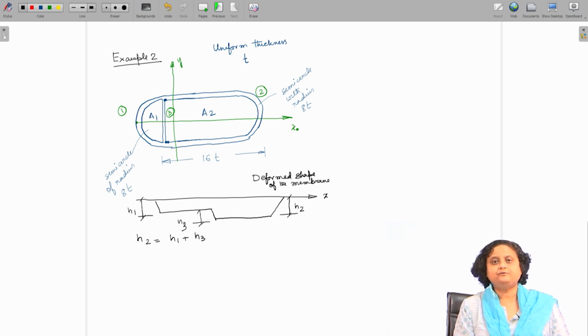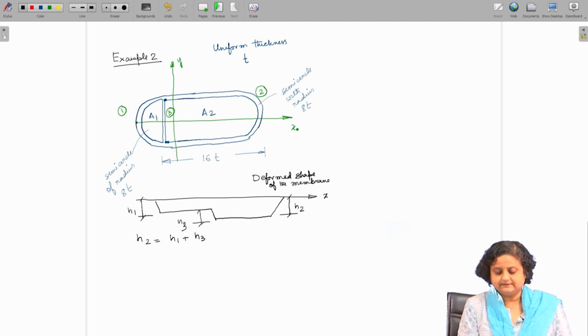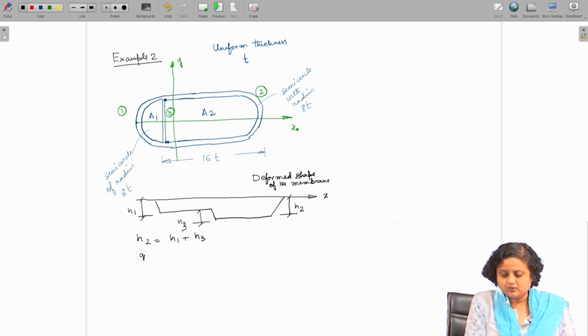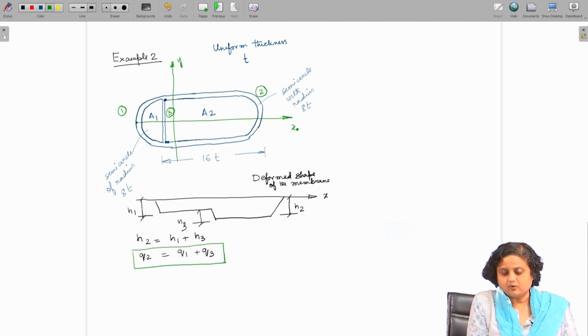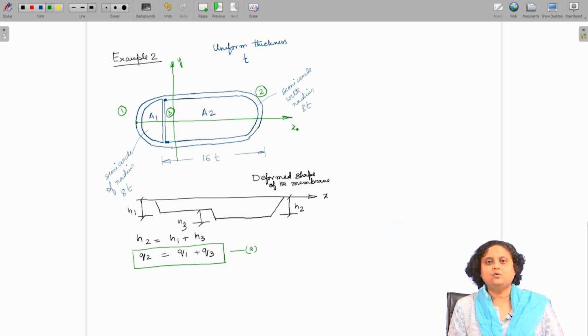We have seen from our earlier discussion that H2 is basically shear flow, which is going to be Q1 plus Q3. So, if I call this equation A, then this equation gives us the direction of the shear flow according to the deformed shape of the membrane that we have chosen.